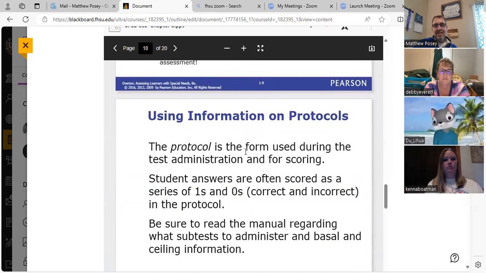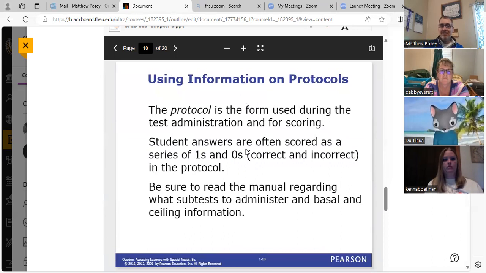All right, next thing is protocols. Basically, that's the form that we're using to administer and for scoring. So Debbie, your person you're going to meet with, for this particular student, she may pull out the protocol, I call it the protocol booklets or the testing booklets. A lot of times it's like the old achievement test booklet that students have. It's got all the scoring guides, and we're going to go through that.